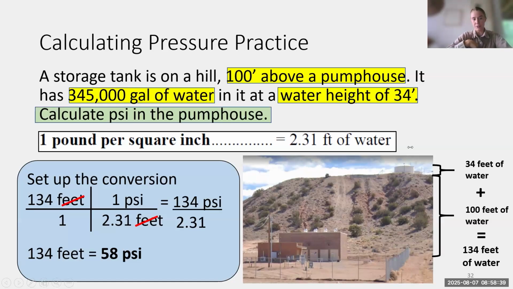Multiply across the top, 134 times 1 is going to give us 134. Divide that by 2.31 on the bottom times 1, and that is 134 over 2.31, and that gives us a final answer of 134 feet in height is equal to 58 PSI.